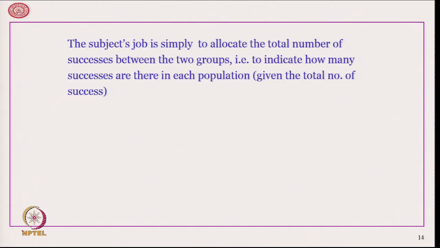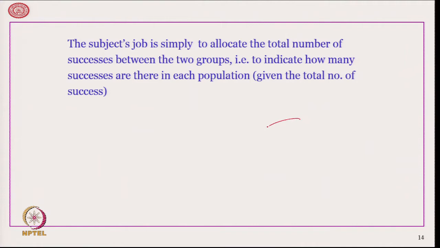The subject's job is to allocate the total number of successes between the two groups, that is to indicate how many successes are there in each population given the total number of successes.